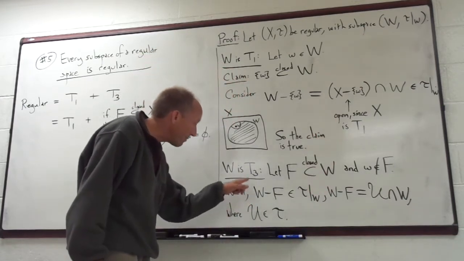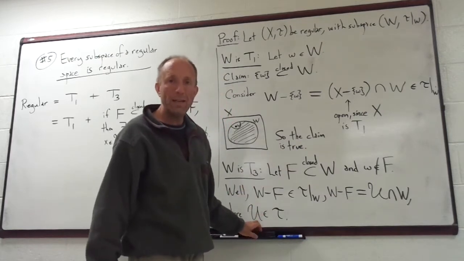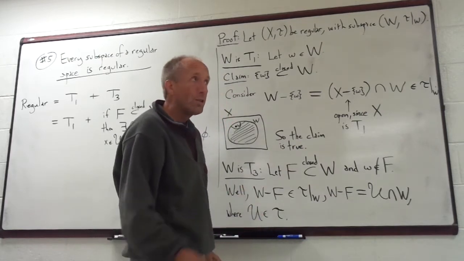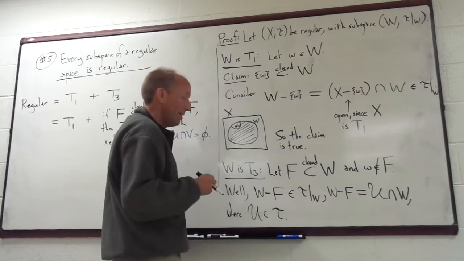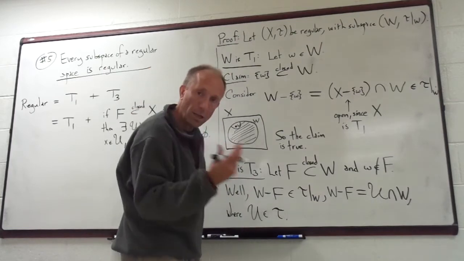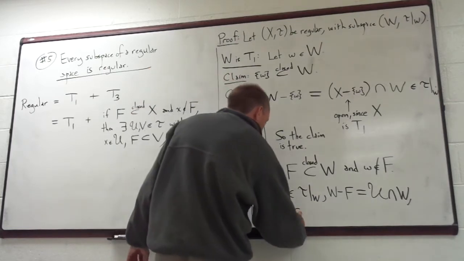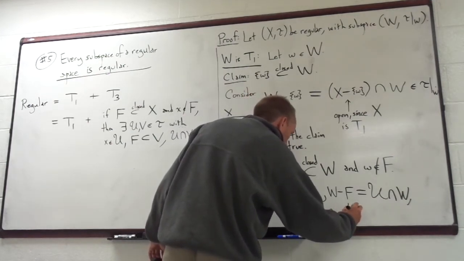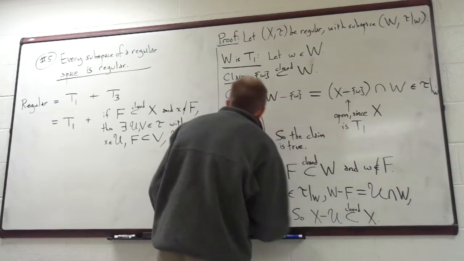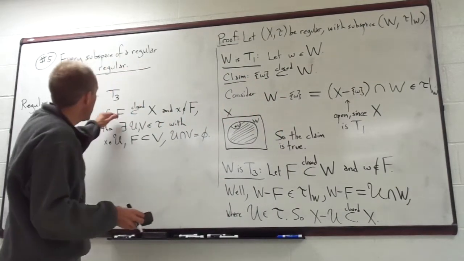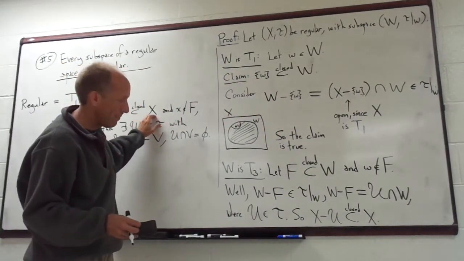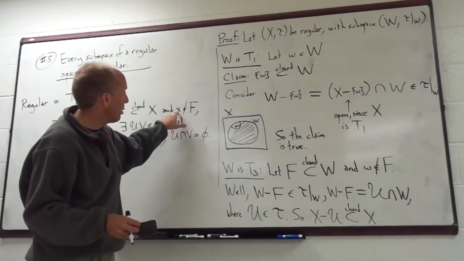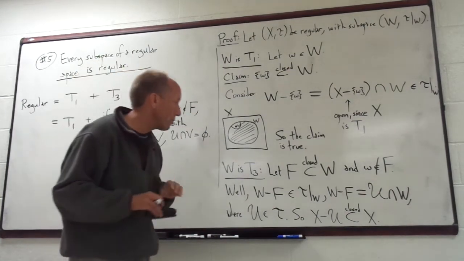But look at that. I have an open set in X. So the complement of that would be closed in X. So in other words, X minus U is closed in X. This is what I've been looking for. I've been looking for a closed subset of X. Now let's think about whether w is in or out of that closed subset.